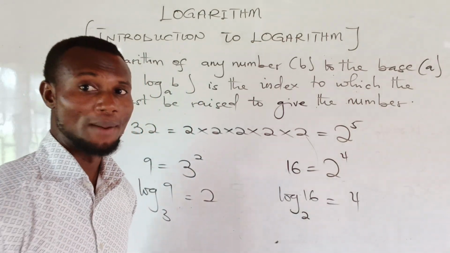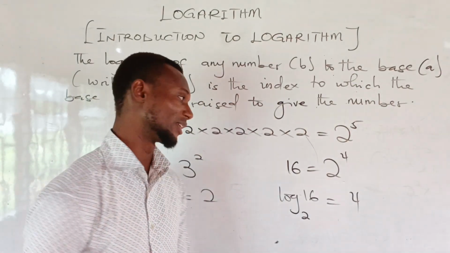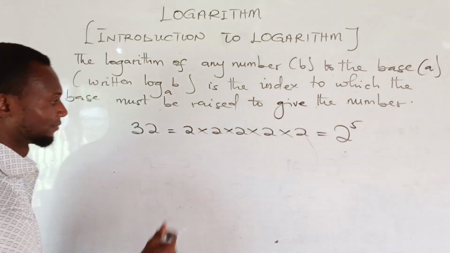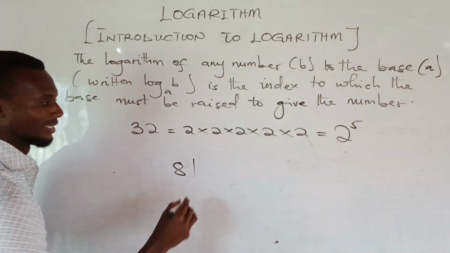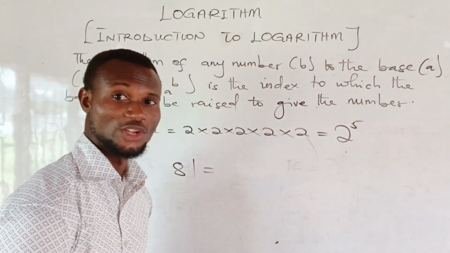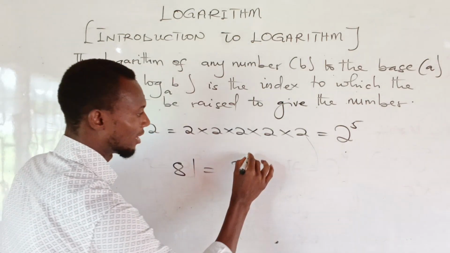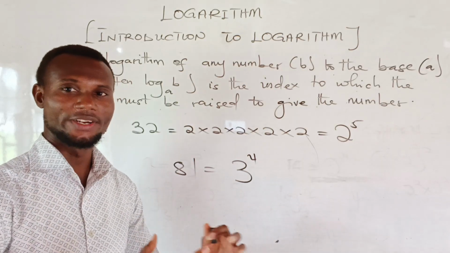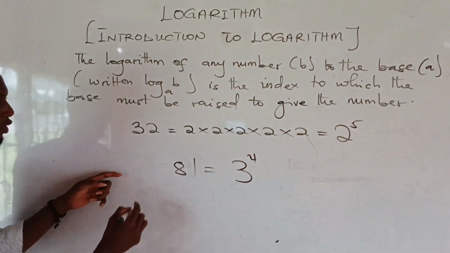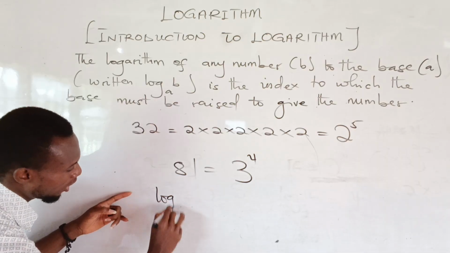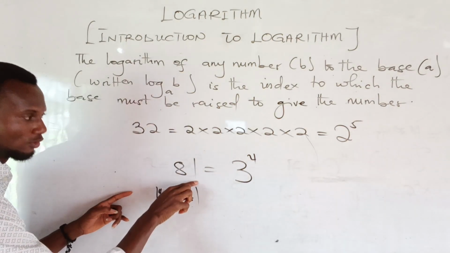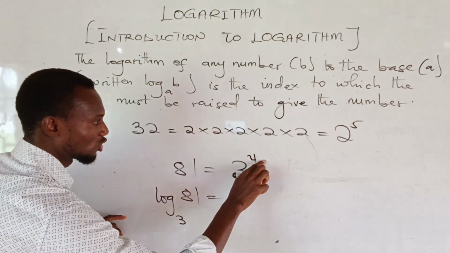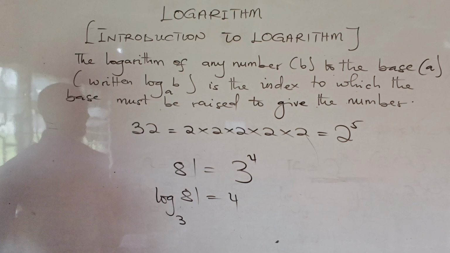Now let's do one more before I end this session. Let's say I have 81. 81 in index form is going to be 3 to the power 4. So the logarithm definition is saying that when I take the log of 81 to the base 3, it should be equal to the power 4 that I have here.